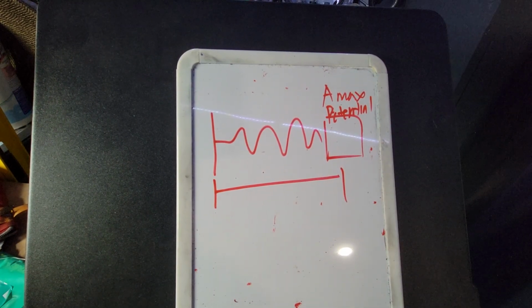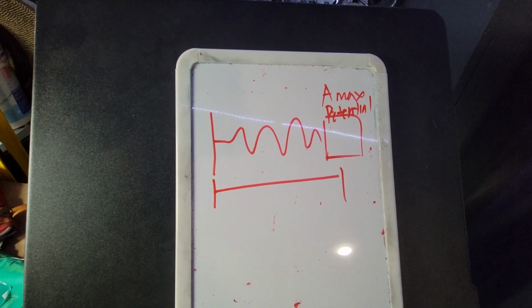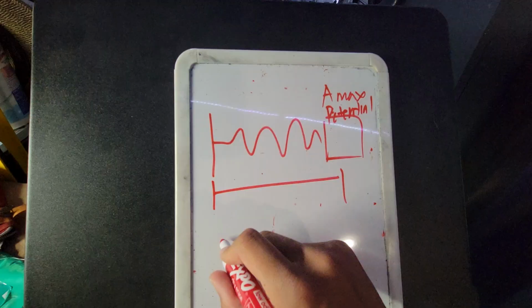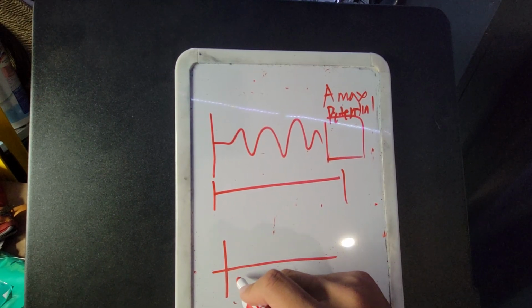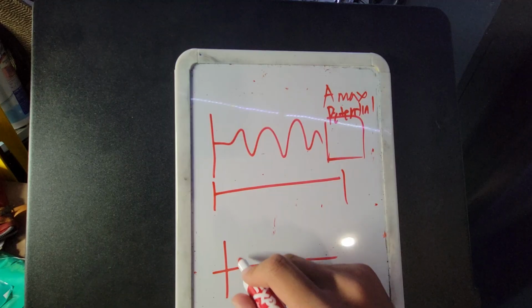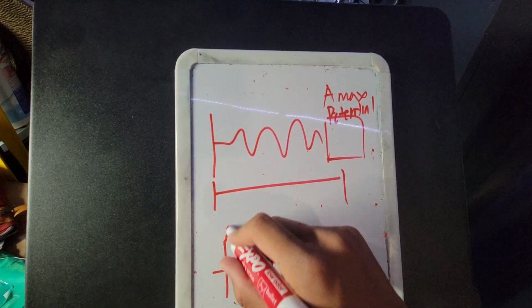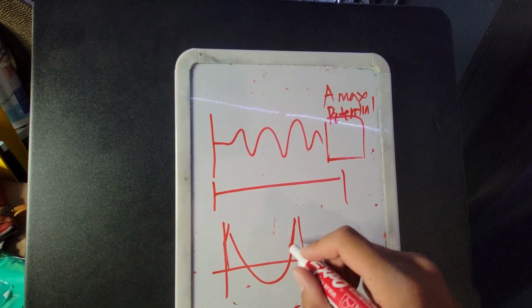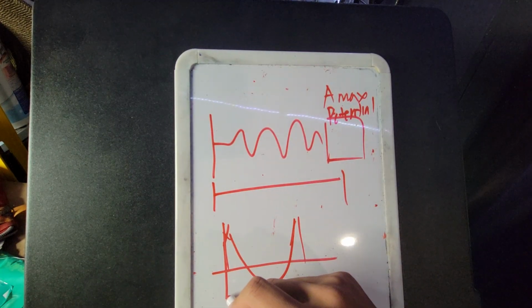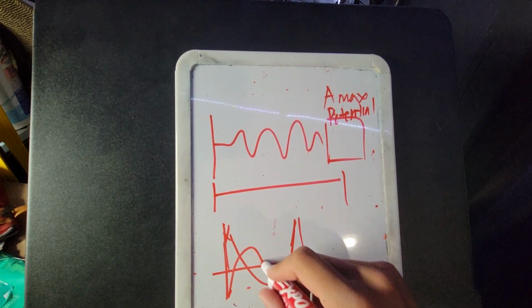And then v is going to be 0. Kinetic energy is going to be 0. So if I did a velocity graph, it'd be like this.